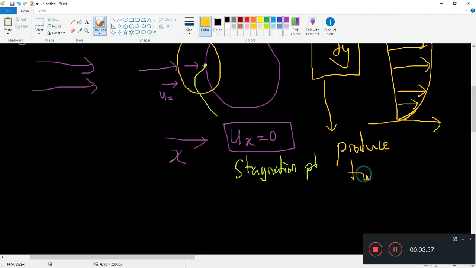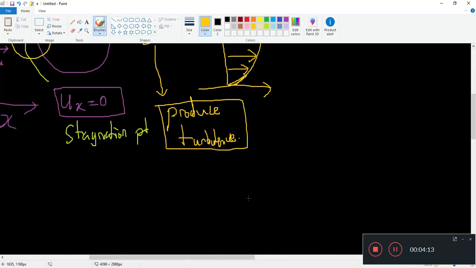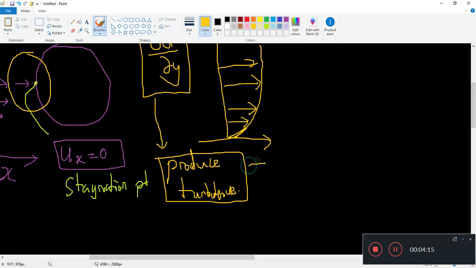How the production of turbulence happens is usually through this mechanism, and that usually increases the turbulent kinetic energy. It increases the nu of T, turbulent viscosity.